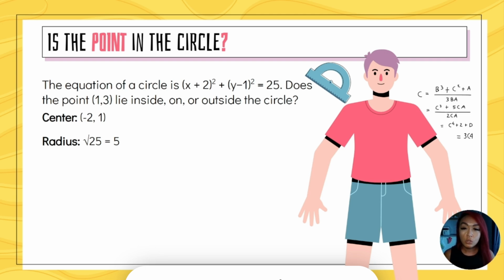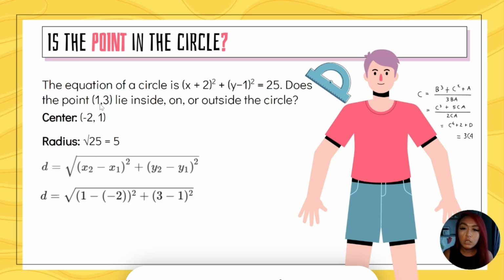We're going to use the distance formula to calculate the distance between the center and the point that the question is asking about. So your distance formula is the square root of (x2 − x1)² + (y2 − y1)².